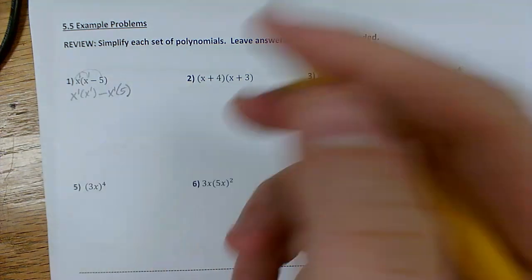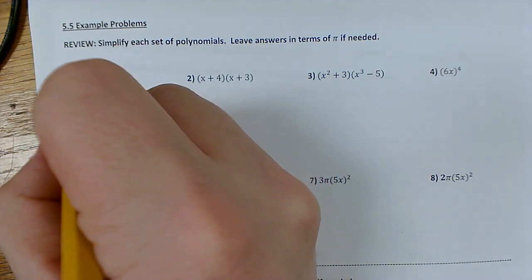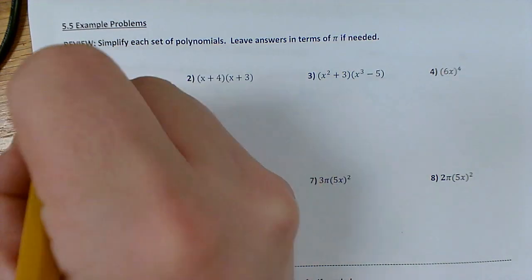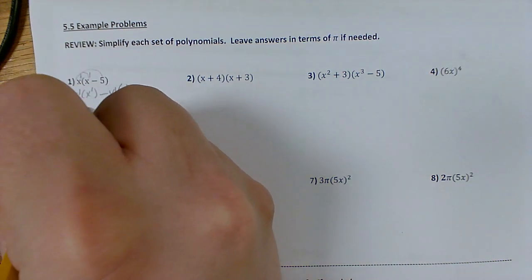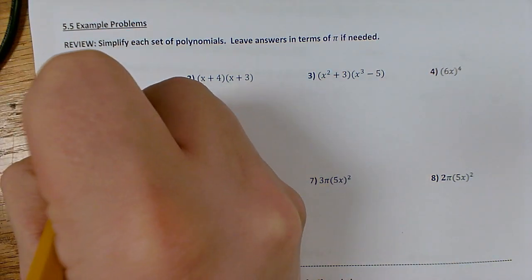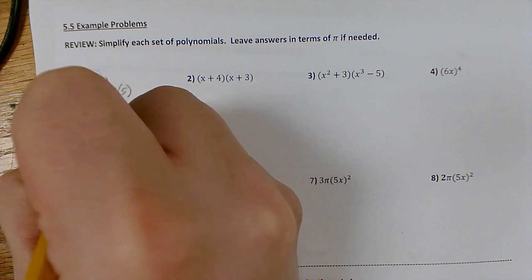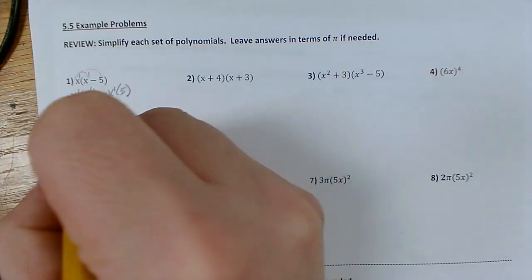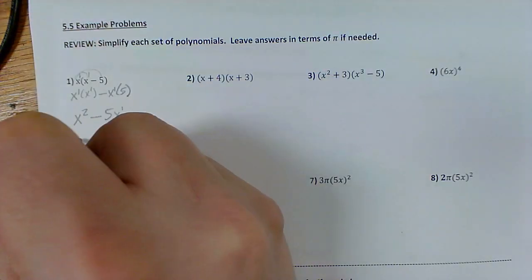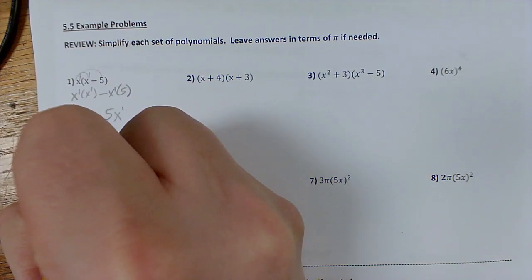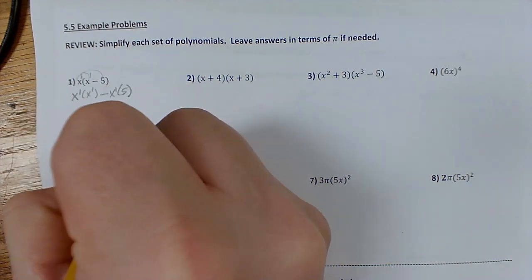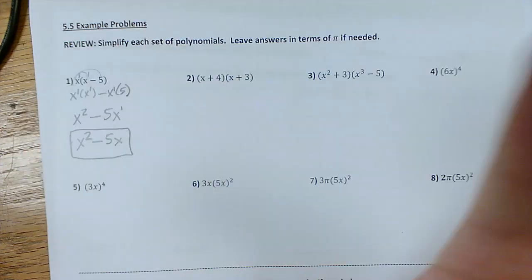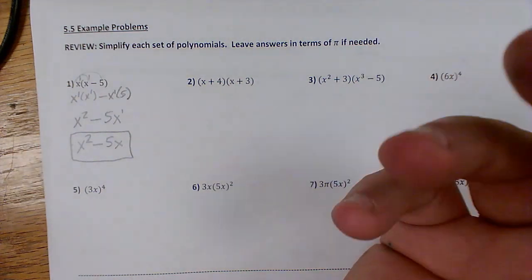Now this is not work I would expect you to show, but when you multiply variables, you add the exponents. So 1 plus 1, this would be x squared. And then we bring down the minus, and this would be 5x to the 1. We cannot combine these. So your final answer is x squared minus 5x. We don't need the 1. And this would be what you would do.